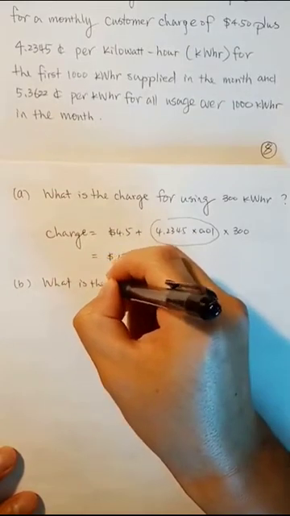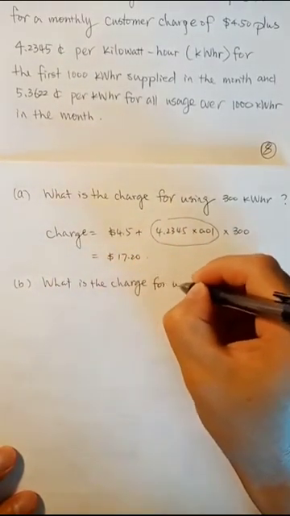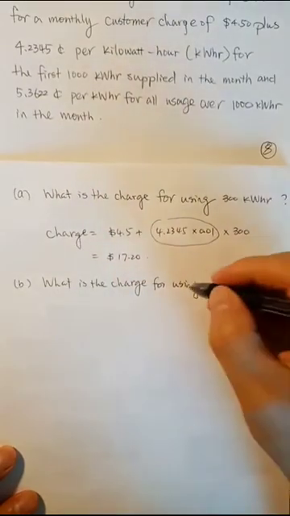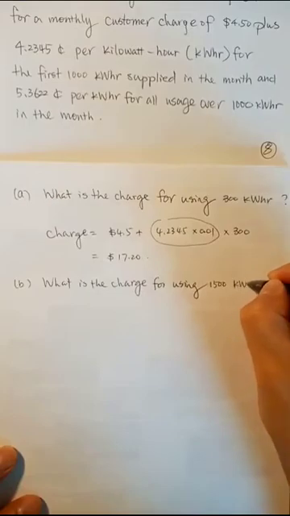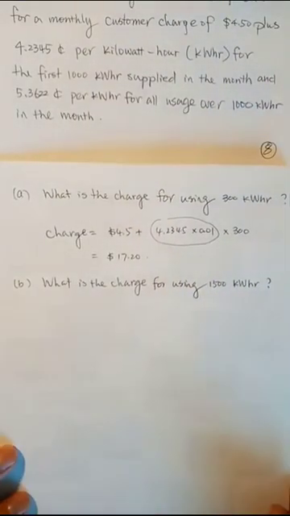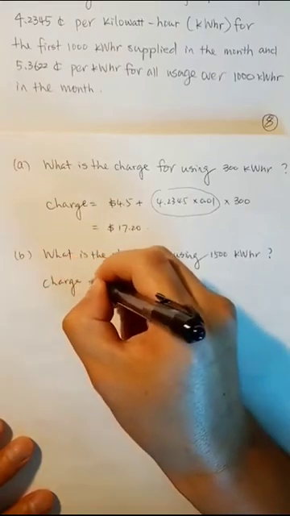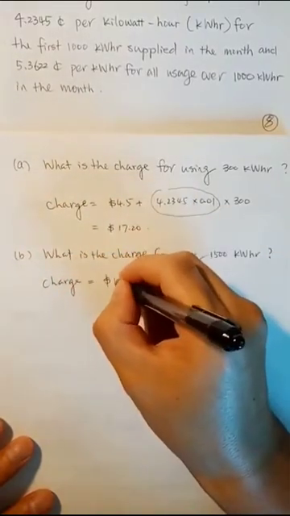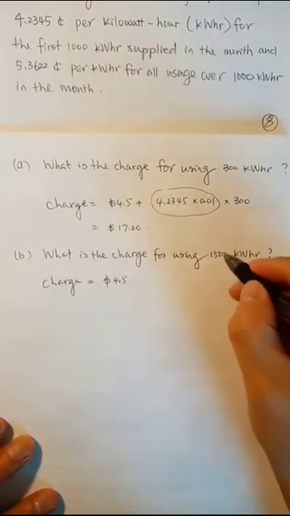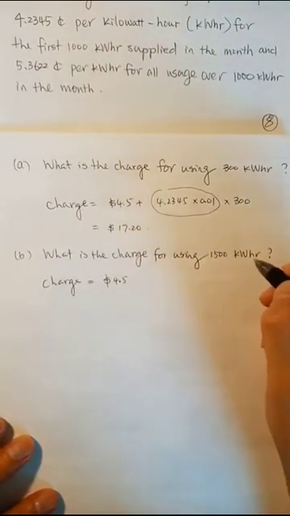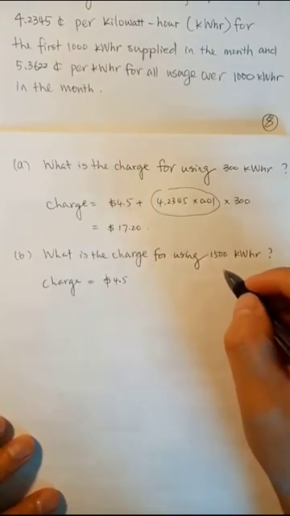What is the charge for using 1,500 kWhr? Okay, so the charge is first the same thing, the fixed fee, $4.5. The 1,500 kWhr exceeds the 1,000 kWhr policy.